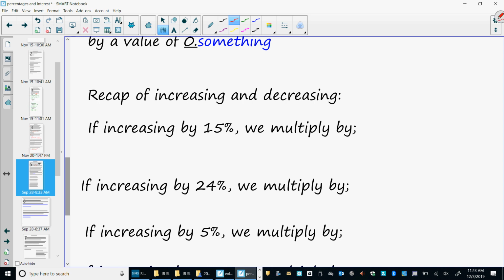Eliana, what do I multiply by? Don't do it on the calculator, sweetheart. You can do this in your head. You're increasing by 15%. Oh, so 1.15. Good go, 1.15.